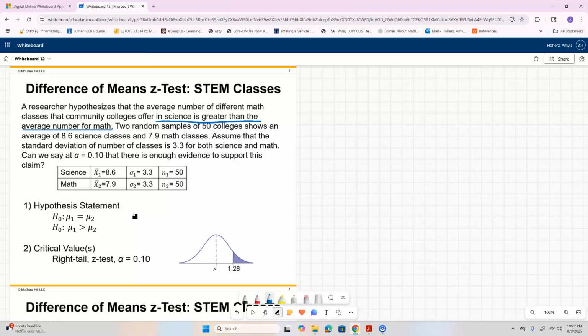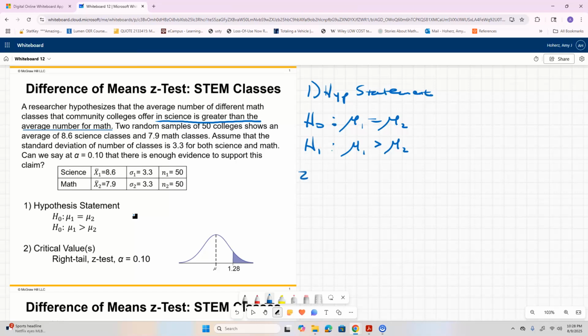So science is 1 and math is 2 for the sample numbers. So our hypothesis statement, we're always going to start these with the status quo or the assumption that mean 1 equals mean 2, that the two are the same. But the claim by this researcher is that mean 1 is actually larger than mean 2, that science is larger than math.